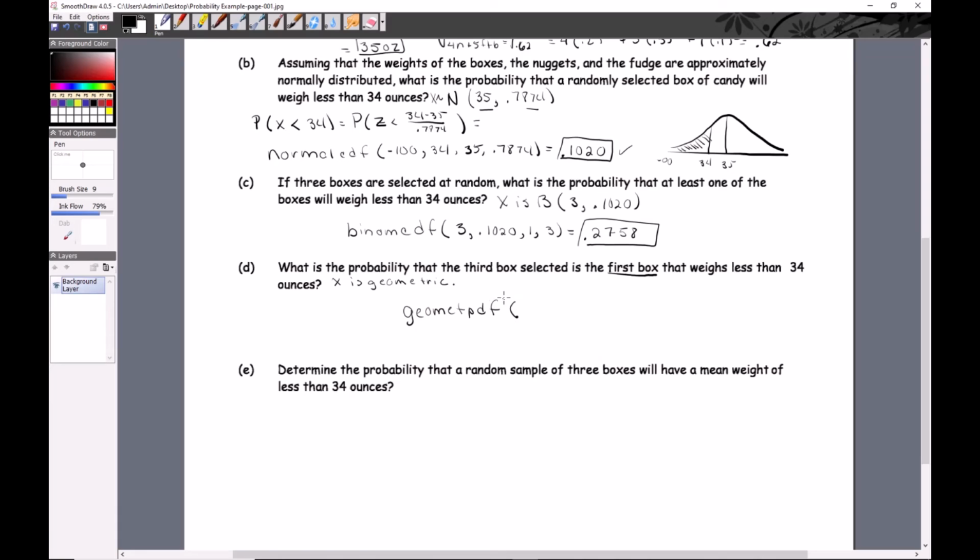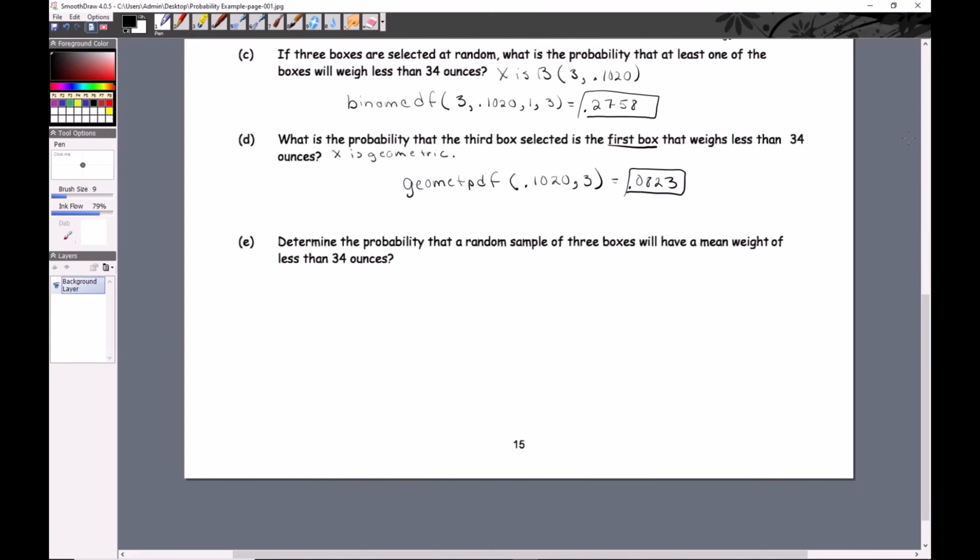And all you need is the probability of success, 0.1020, and the trial that you're interested in for your first success, and that'll be the third one. And so that'll be 0.0823. Neat. All right, one more to go.